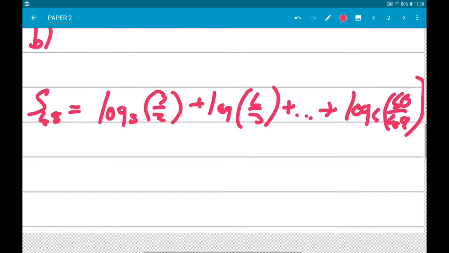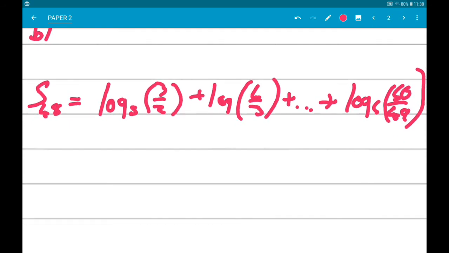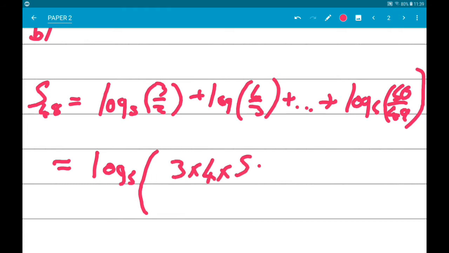So this, as a single log, is log base 5 of 3 times 4 times 5 all the way up to times 50 and then on the bottom there we have 2 times 3 times 4 times 5 all the way up to times 49.